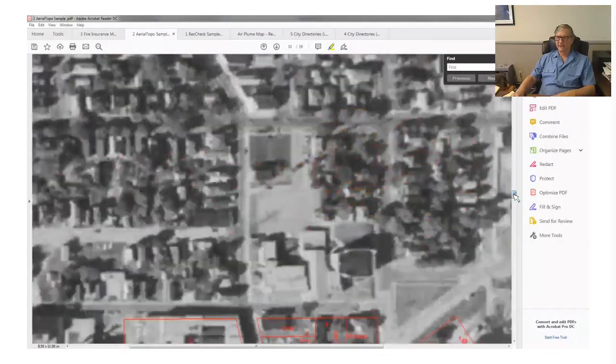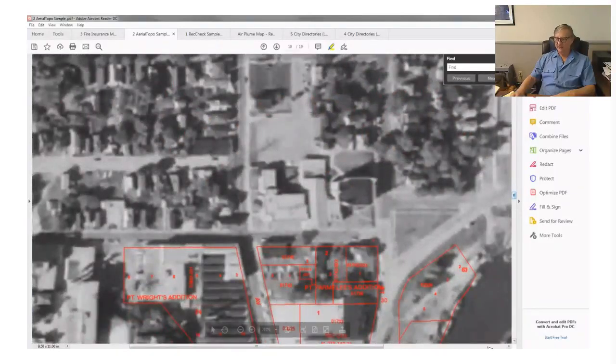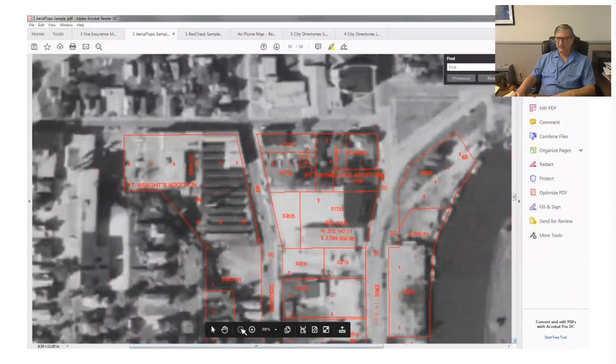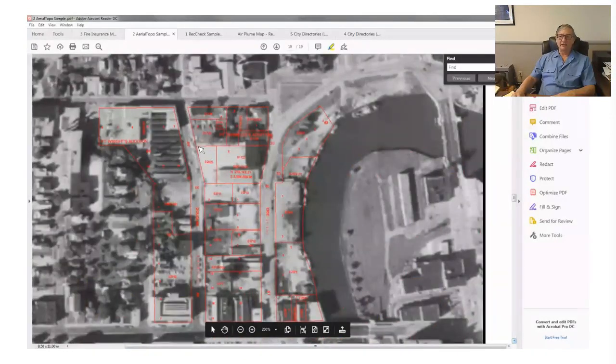Well, that's all right. We're going to look at it. But you can zoom in and out, and for some reason I've overloaded my computer, but, oh, there we go. A little better. Okay, so let's zoom out.